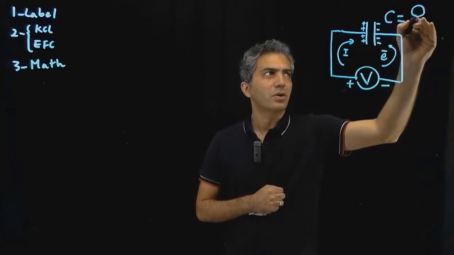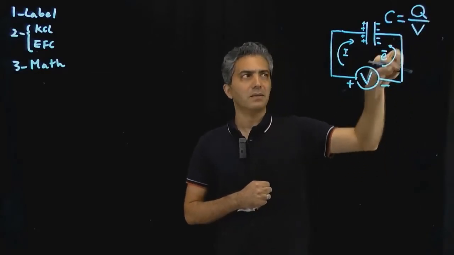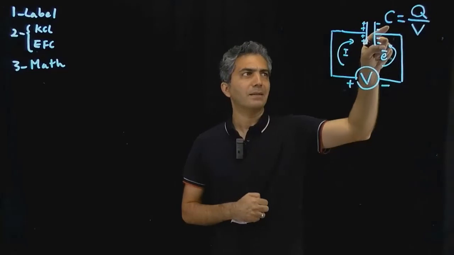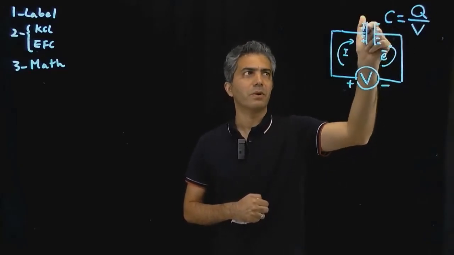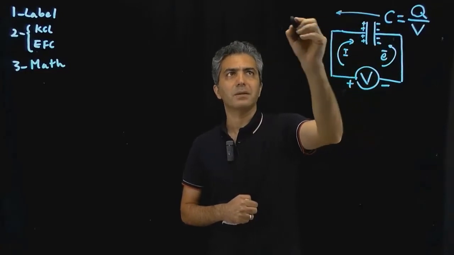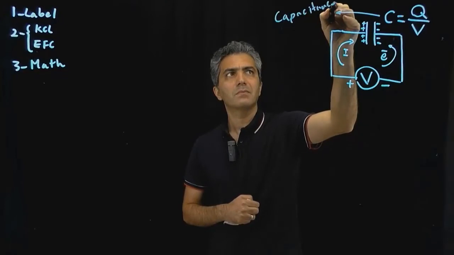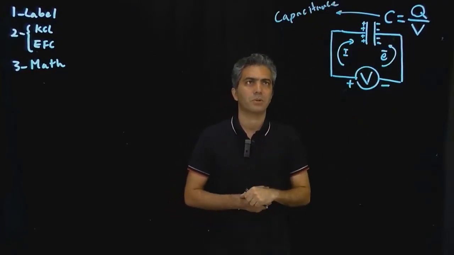You measure that charge, call it Q, divided by the voltage applied to the component, and what you get is a value that from now on we're going to call capacitance. That's the capacitance associated with that component.